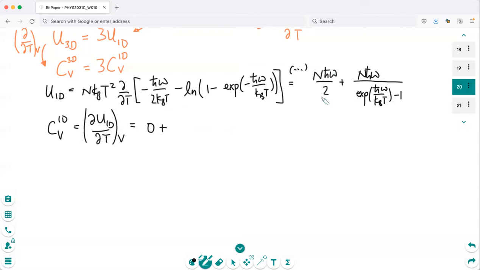Okay, now if you take the first term, it really is the zero point energy contribution, and that doesn't really contribute to the T dependence. There's no T dependence, so the first term is 0. And again, you take the partial derivative for the remaining term. Okay, so this is e to the h bar omega over kBT, minus 1.